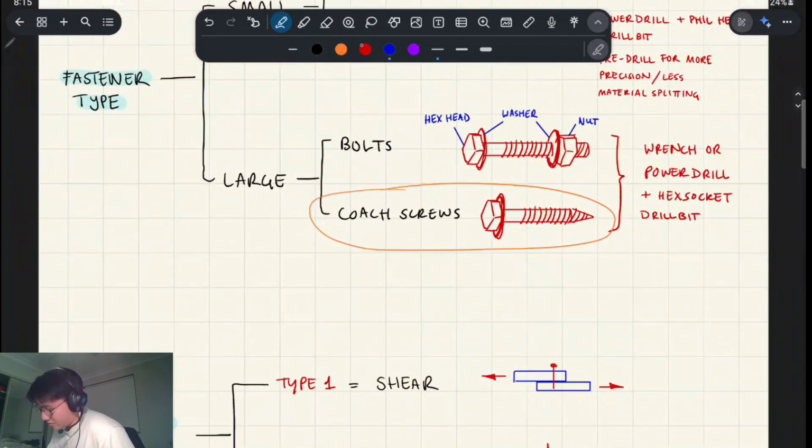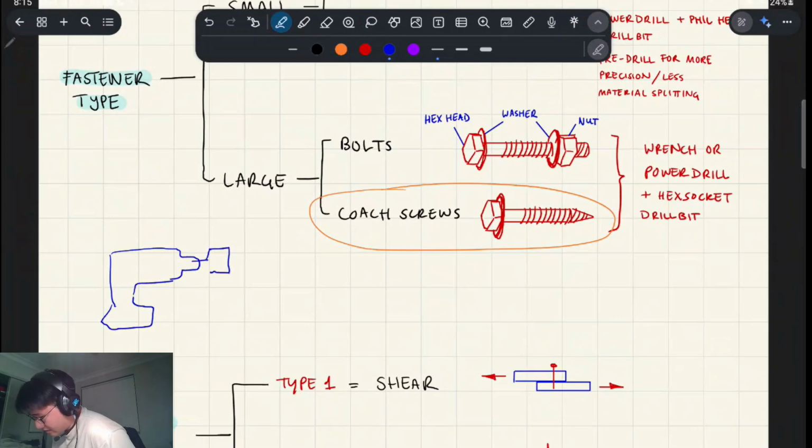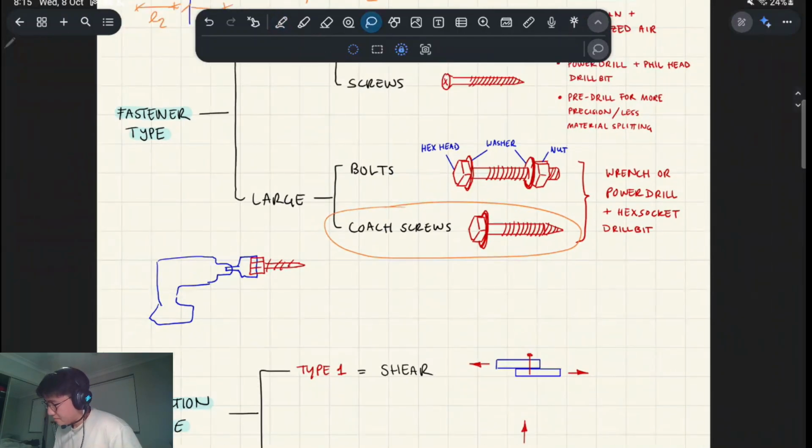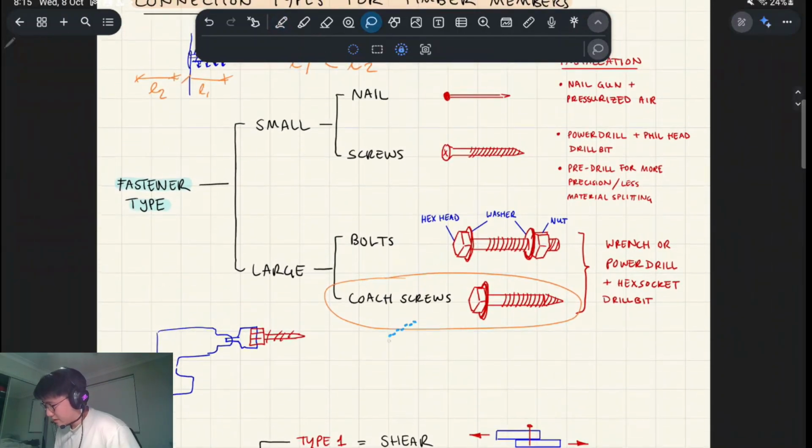If I draw it out, maybe that's what it would look like. That's your power drill, you need the hex socket, and that goes over the hex head, and that's what you would drive into your timber. Similar idea, you could pre-drill it if you want.